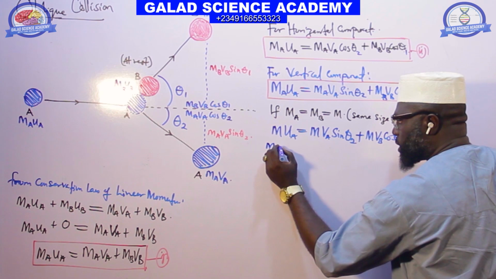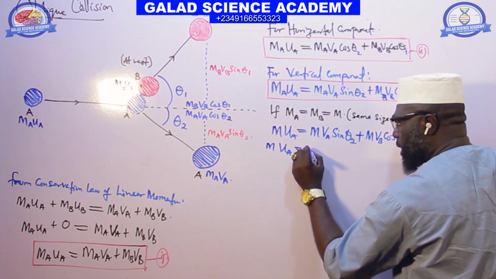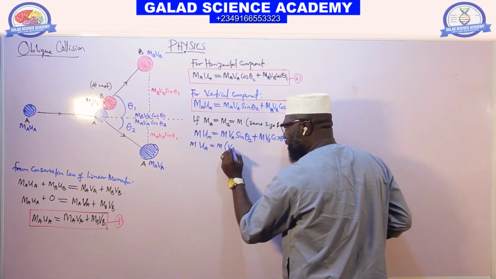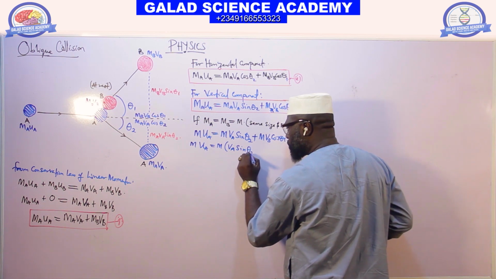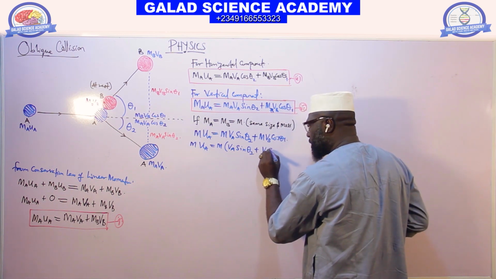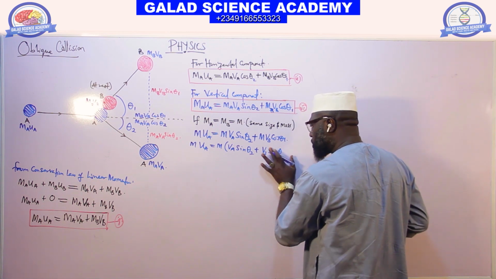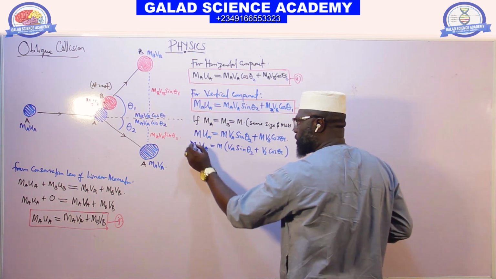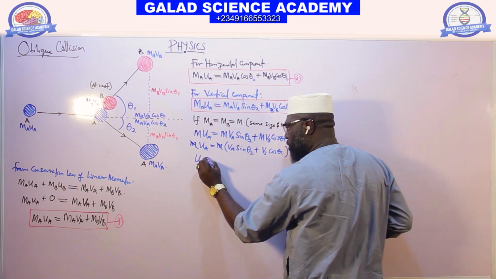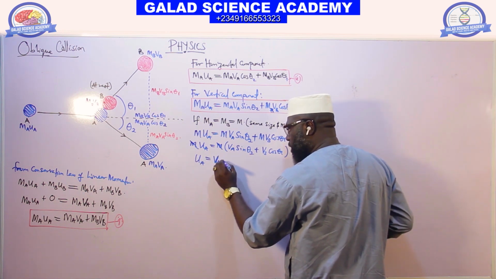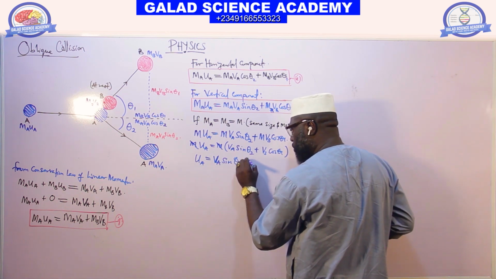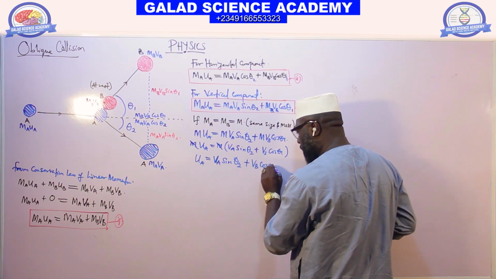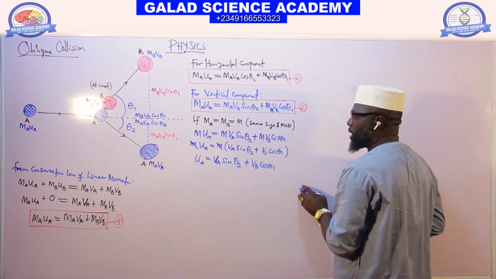We have M UA equal to M VA sin theta 2 plus VB cos theta 1. So this M cancels out. UA equal to VA sin theta 2 plus VB cos theta 1.